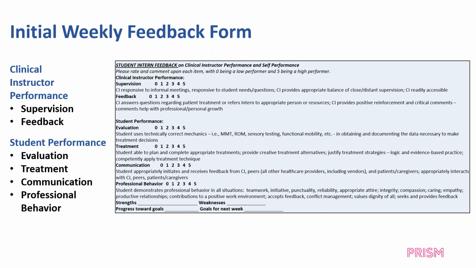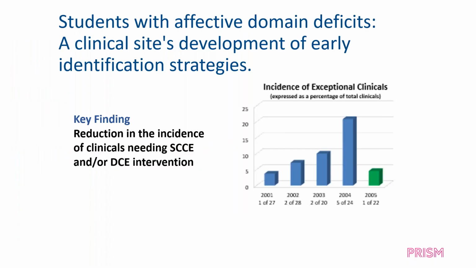We had strengths and weaknesses, progress toward goals, and goals for next week as our open-ended questions. And initially, we actually didn't have clinical instructors performing a self-assessment. So we implemented that tool at Miami Valley, and the following year in 2005, we only had 1 of 22 students have issues.